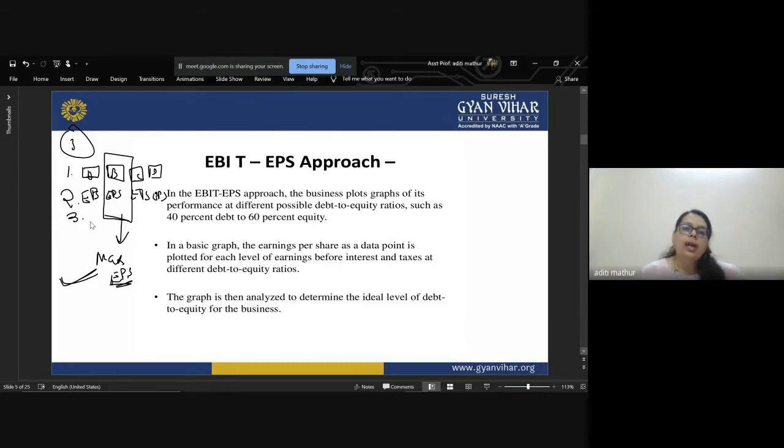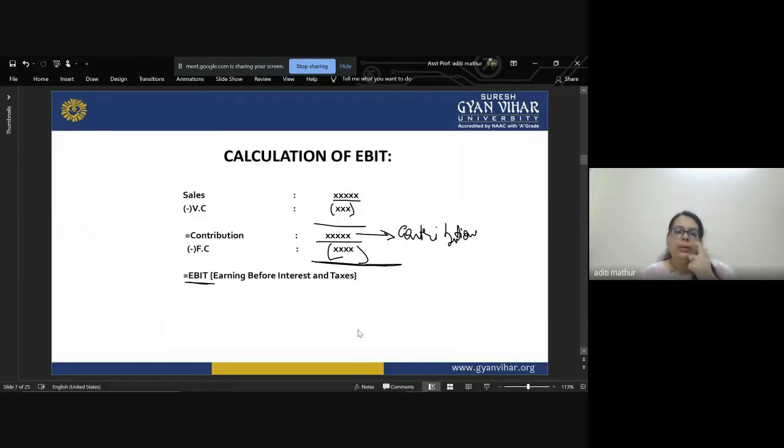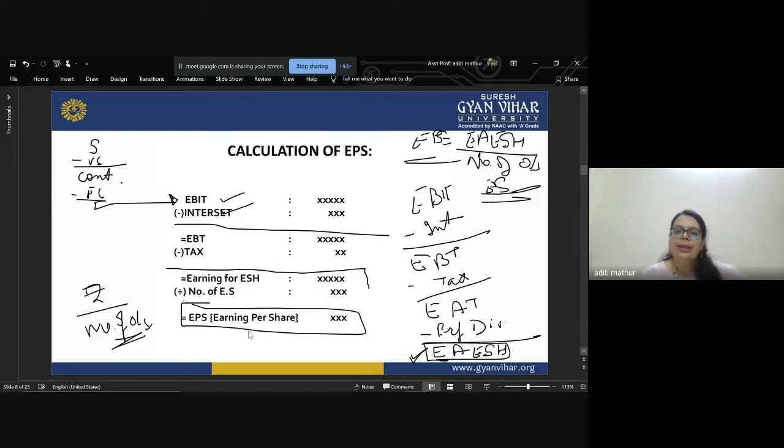Now let us see the calculation of EBIT. For EBIT, you deduct the variable cost from the sales, you get contribution, then you deduct your fixed cost, and you come to your EBIT. For the calculation of EPS, from this EBIT you deduct interest, tax, and then the amount of preference dividend if there is any, and then you get the earnings available for equity shareholders.